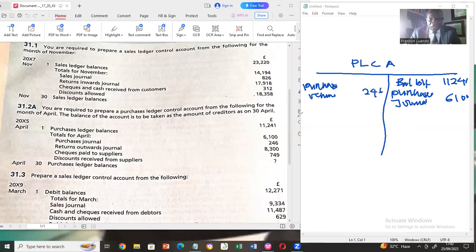We have cash and bank, 83. And then we have discount received, 749.